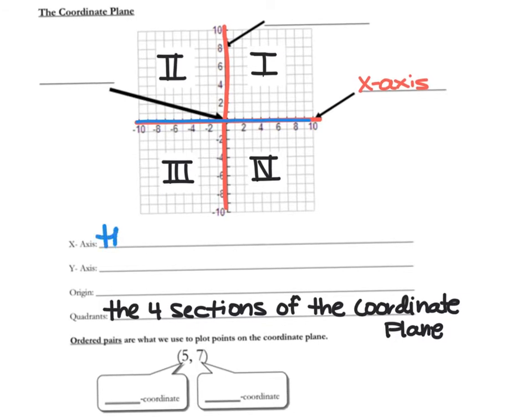So we can write down where it says x-axis, the horizontal axis. And similarly, we can say, all right, well, the y-axis is the vertical one.